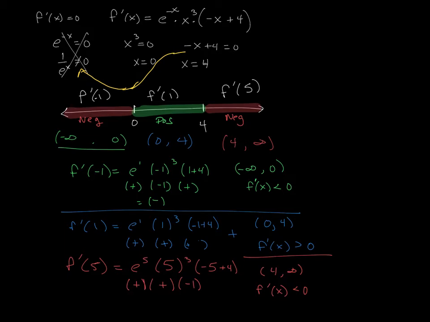And then finally, it comes back down and the graph is decreasing. So what that tells me is that my point at 0 is going to be a minimum value, and my point at 4 is going to be a maximum value. All right, that's the end of the first derivative test. We're going to go ahead and now look at the second derivative test.